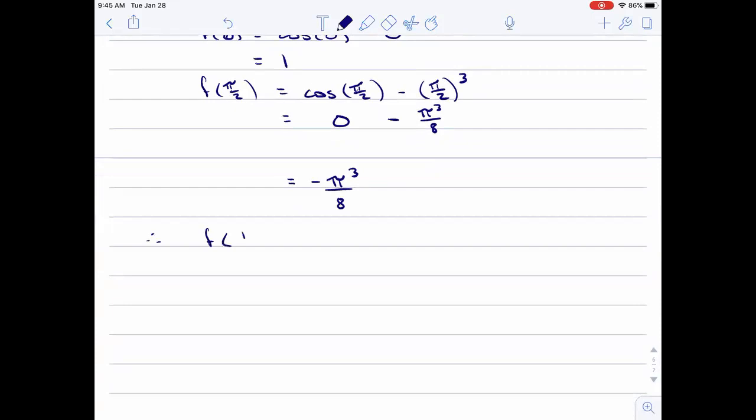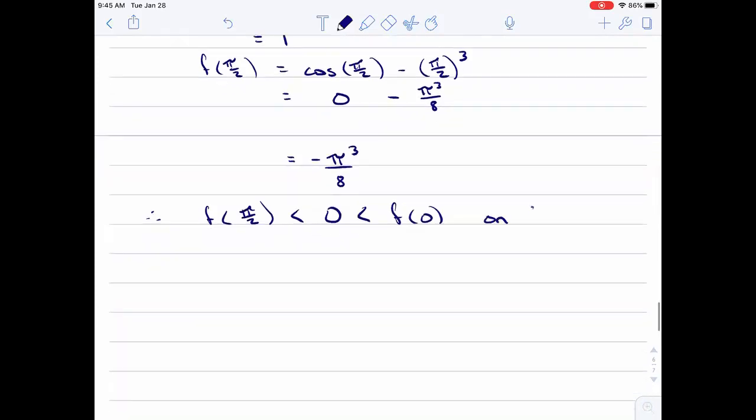Therefore, f of pi over 2, right, is less than 0 because it's negative, and then f of 0 is greater than 0 because it was positive, on the closed interval 0 to pi over 2.